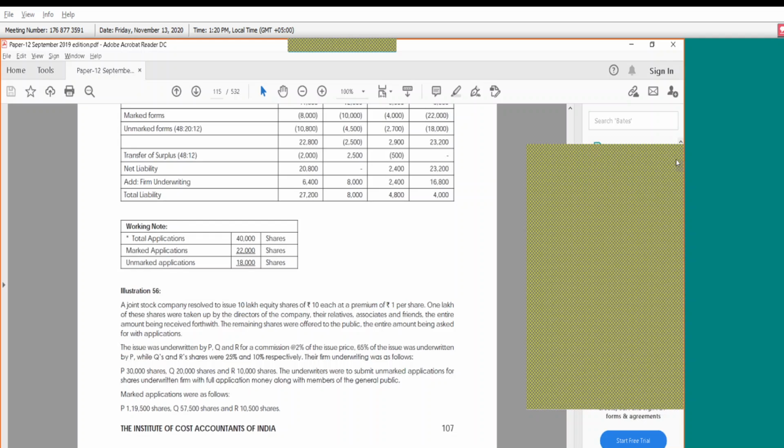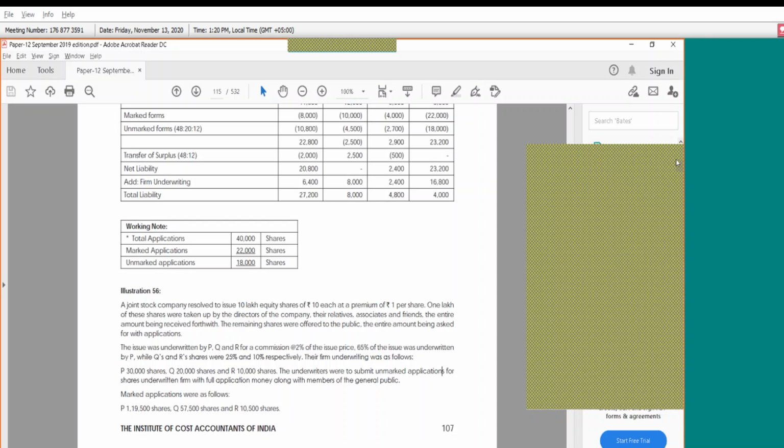The firm underwriting is as follows. This is important, this firm underwriting: P 30,000 shares, Q 20,000 shares, R 10,000 shares. So the underwriters were to submit the unmarked application for shares underwritten firm with full application along with the members of the general public.